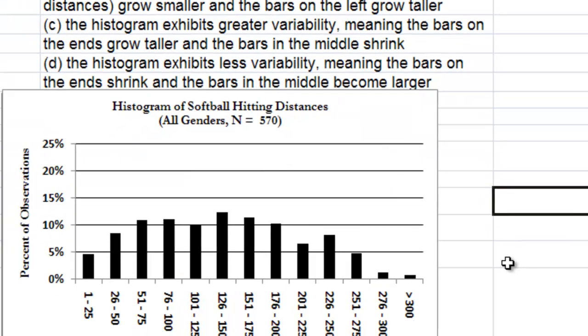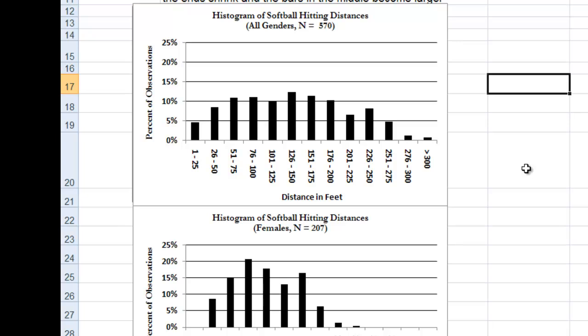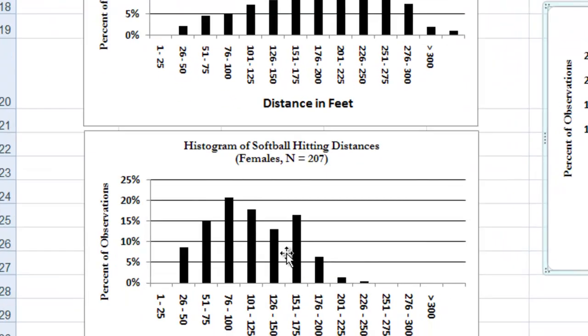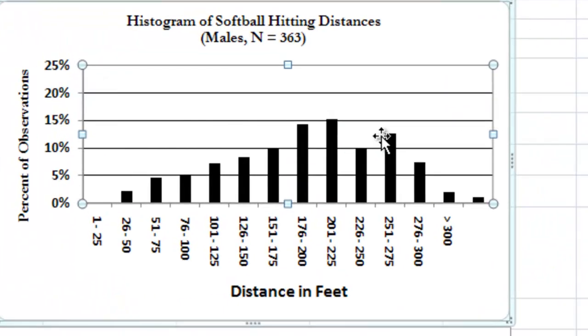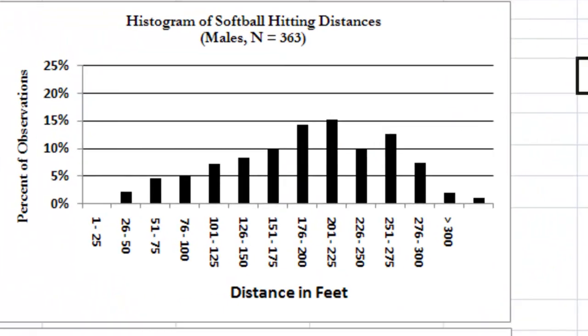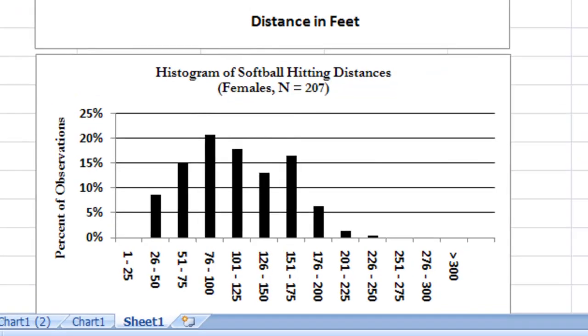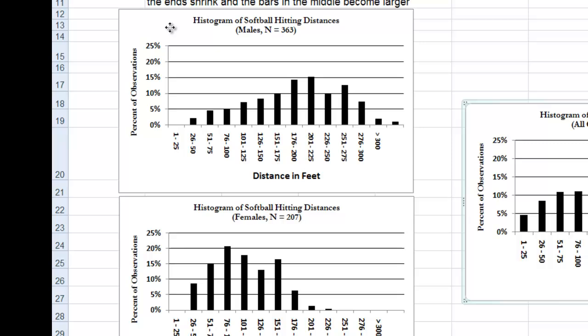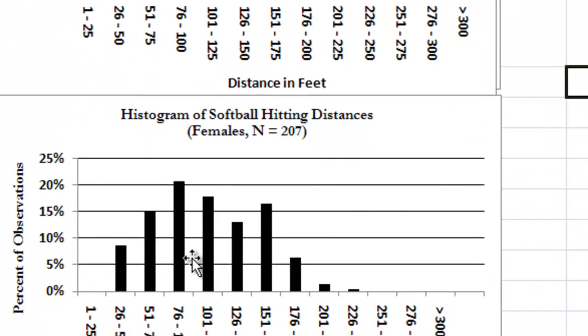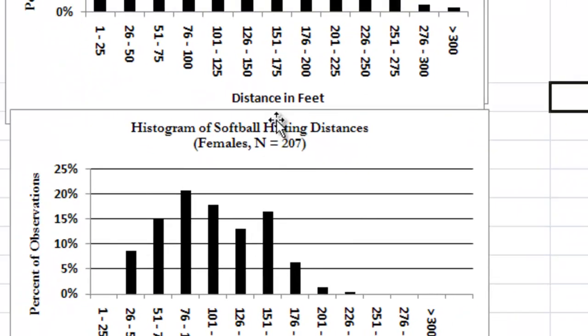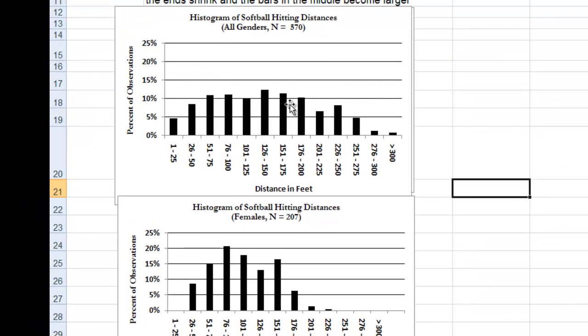And so that gives you an idea of how histograms change when the average increases, like when we go from female to male hitting distances. How the histogram changes when the average goes down, say when you go from male histograms to female histograms. And what happens when data exhibits greater variability, when we go from hitting distances just for one gender to hitting distances for all genders.